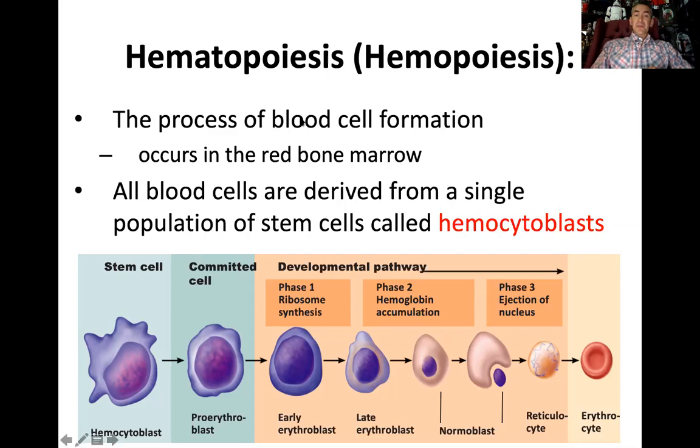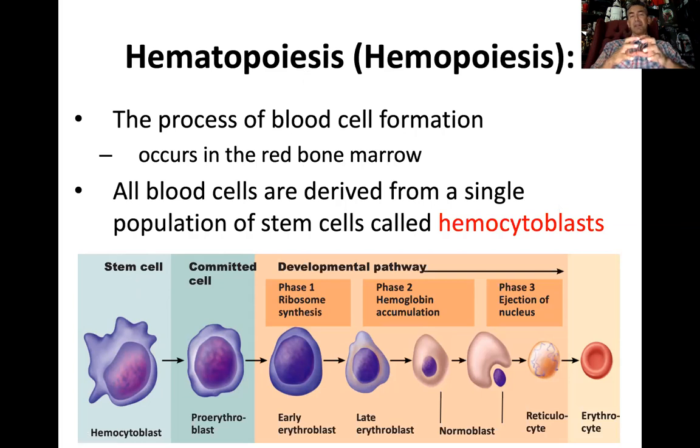And this process will occur in the bone marrow. So that's the where. Where does it happen? It happens in the red bone marrow. The largest bone in our body, if you remember, the femur, is a very good site for hematopoiesis, as are other red bone marrow areas in the body. Before we can have blood, we must first start off with this stem cell, which doesn't know what it's going to be when it grows up.